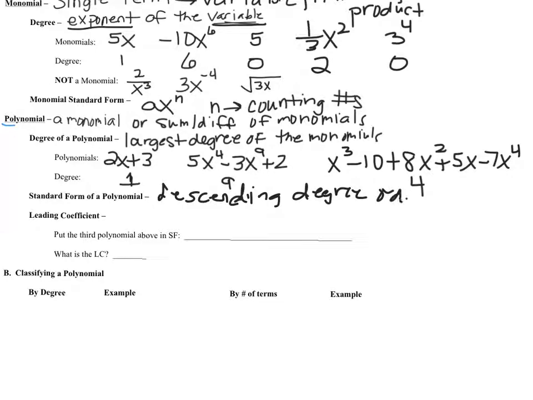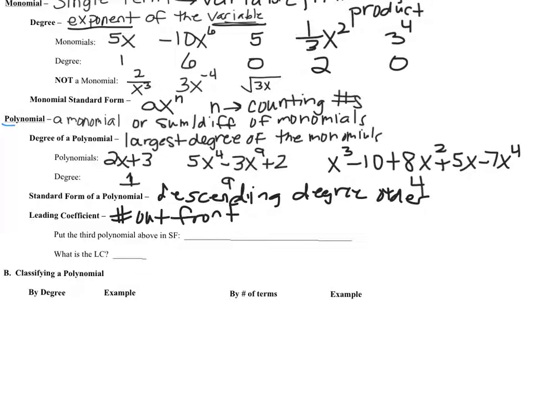Descending means it's going down. It's getting less and less. And then the leading coefficient is going to be the number out front when you are in standard form. So descending degree order, and the number out front is the leading coefficient. It's leading the pack. But the leading coefficient is only the leading coefficient when it's in standard form.